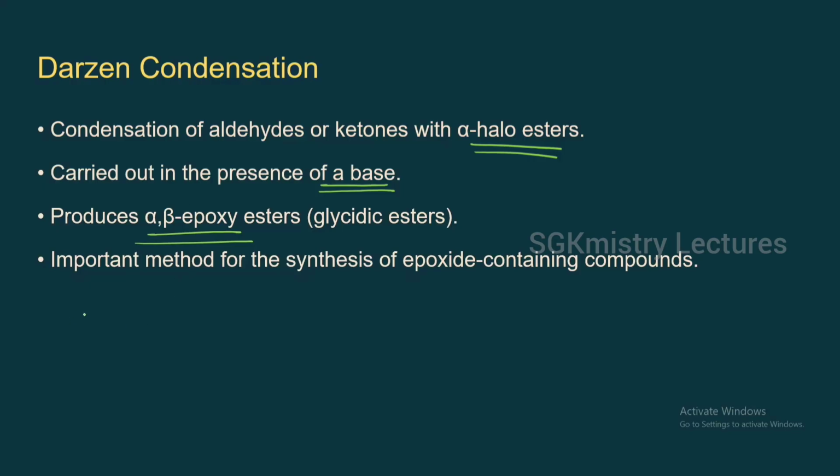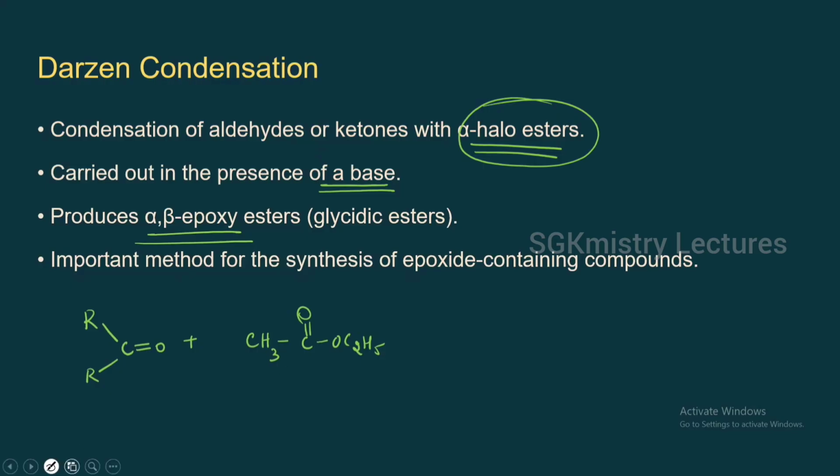So let us write the general reaction. So let me take a ketone. Now, aldehyde or ketone is treated with alpha halo esters. So let us take the ester. So here, instead of CH3, so this is CH3COOC2H5. This is the ethyl acetate. So now alpha halo.